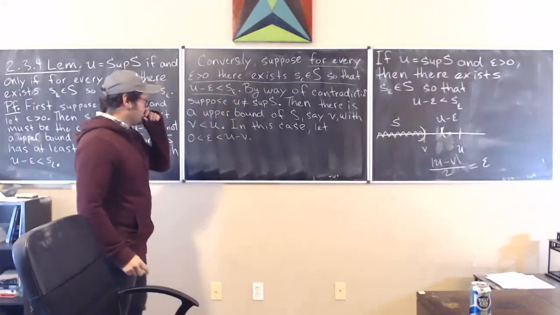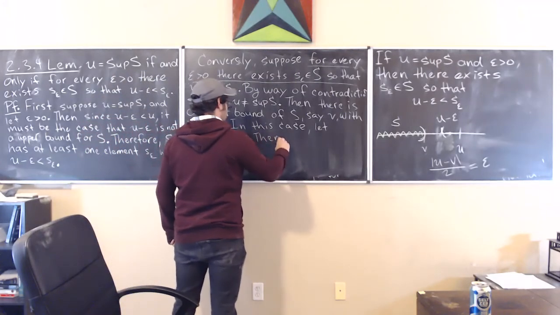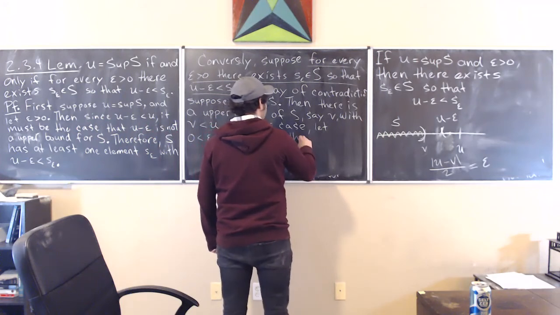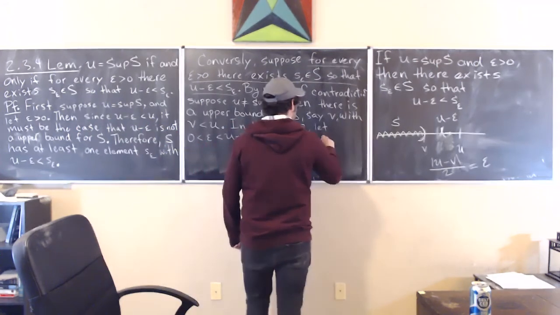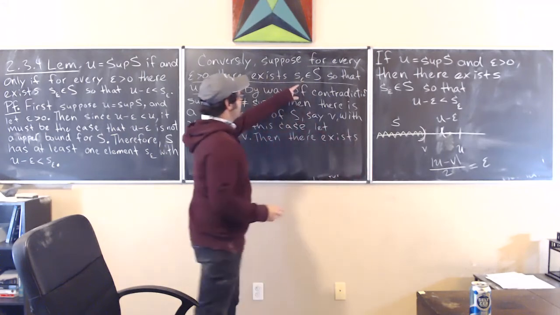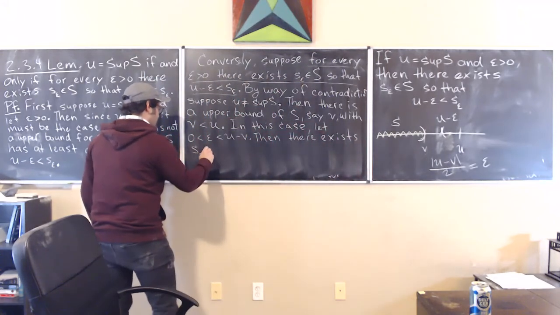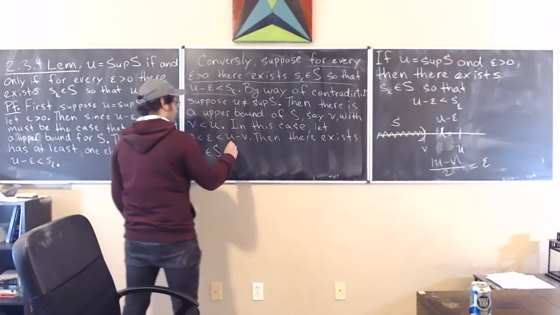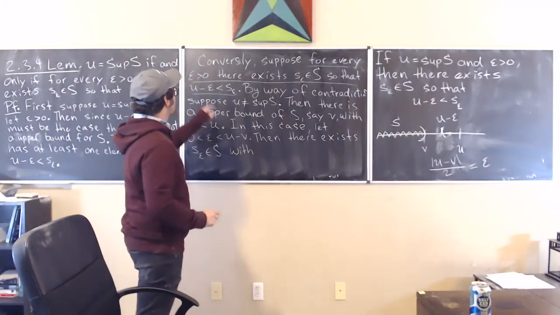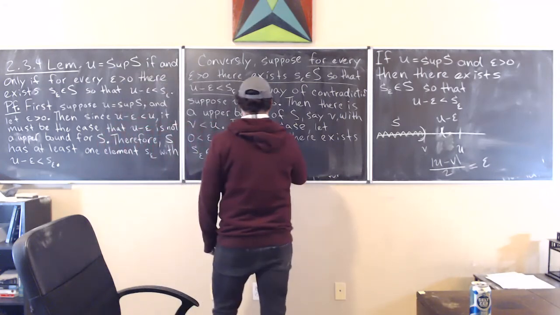Okay? Then by our assumption, there exists some S epsilon in S with U minus epsilon less than S epsilon.